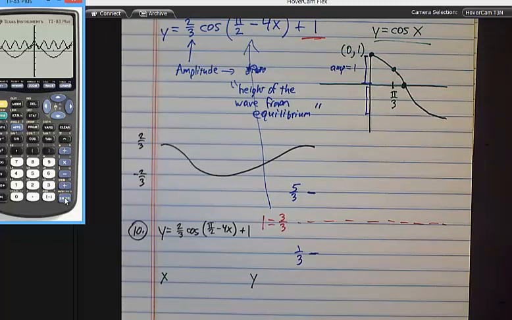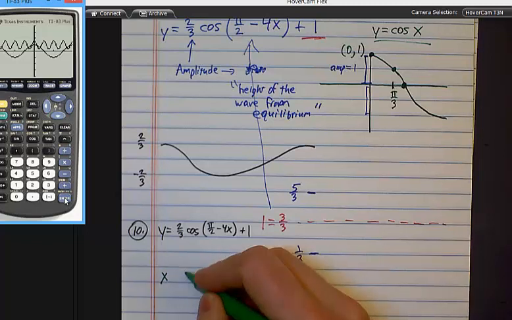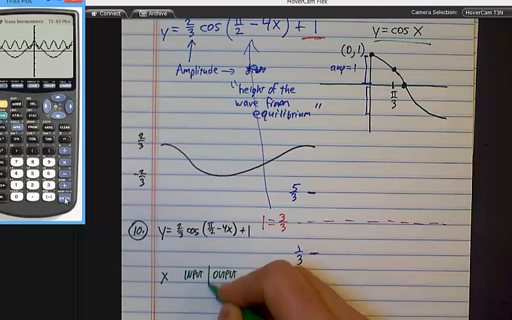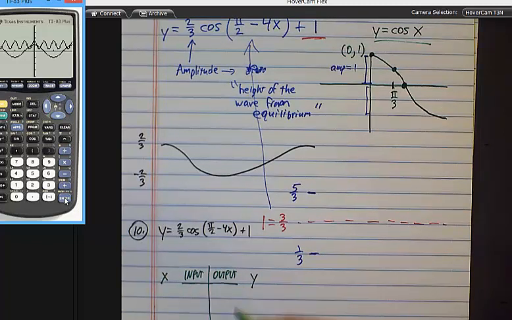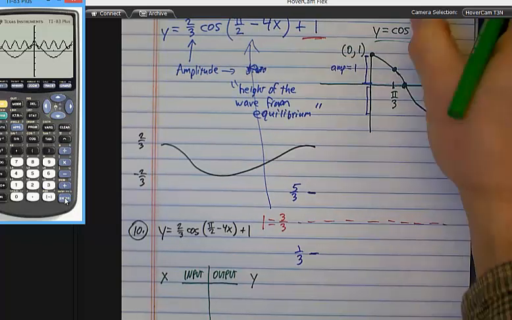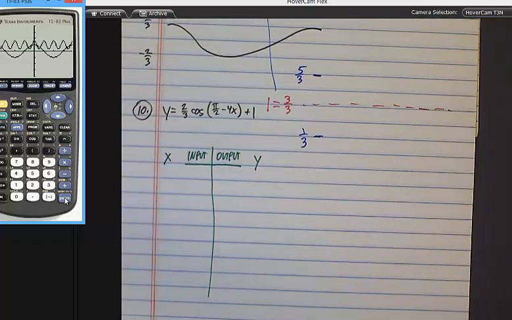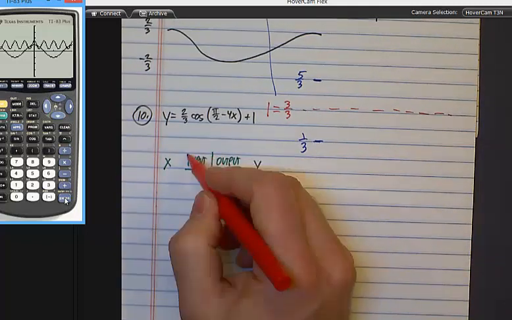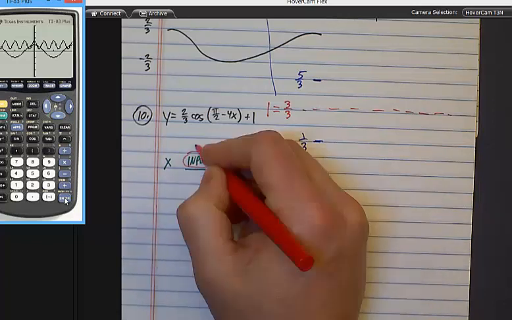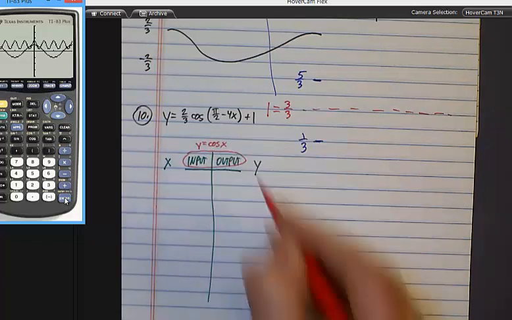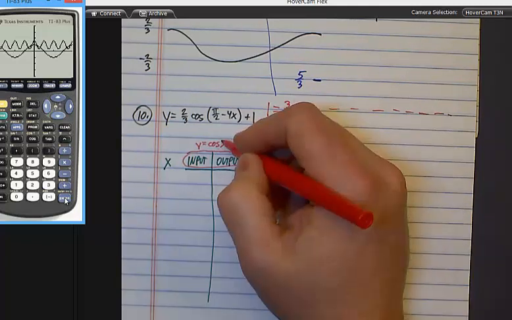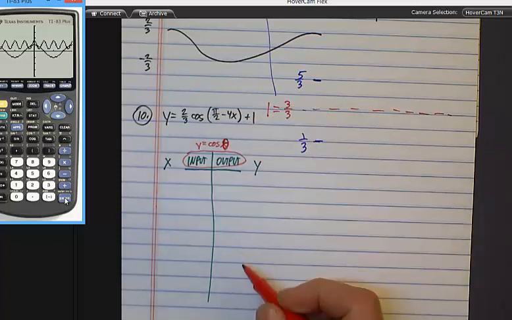So I understand there are certain inputs and outputs that I understand very well. So what I'm going to do is make a little chart. For the input and output, what I'm really thinking about is y equals the cosine of x, or maybe I'll say theta. These inputs are my thetas, if you want.